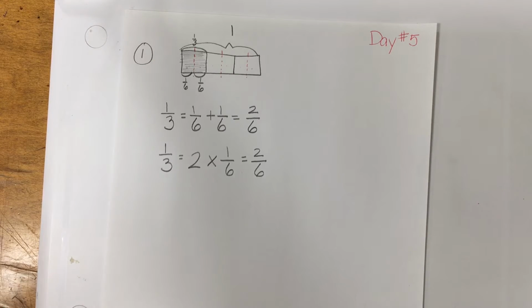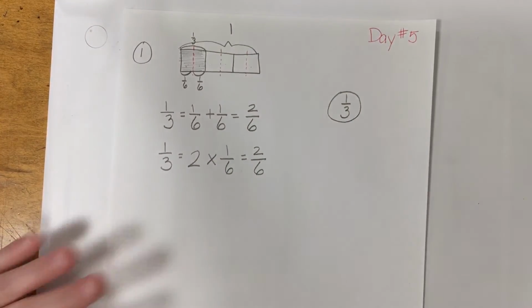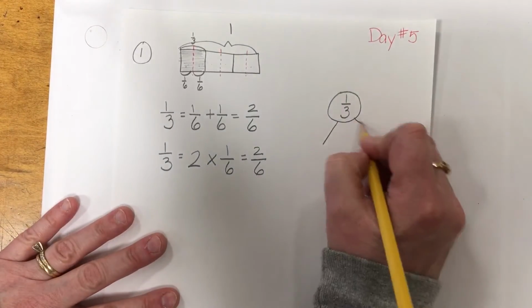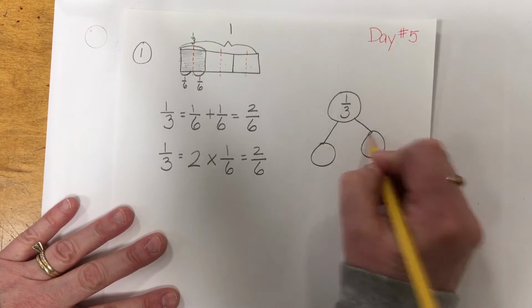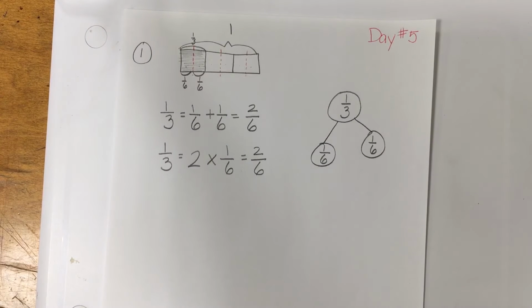For those of you who would like to see this in a different way, we can draw the number bond. I started with 1/3, and it took 2 1/6s to equal it.